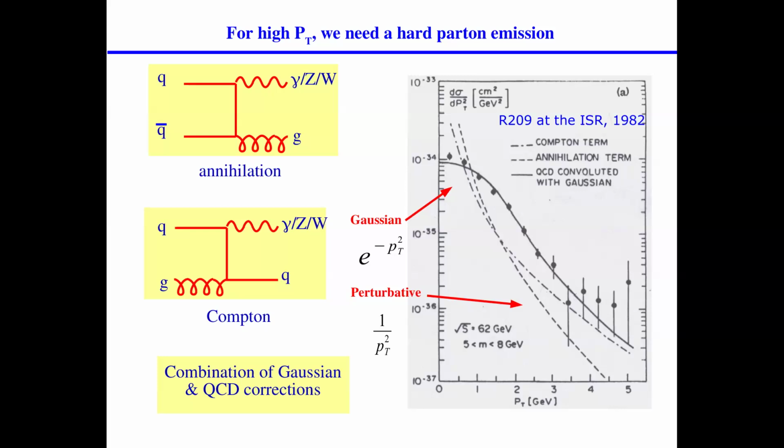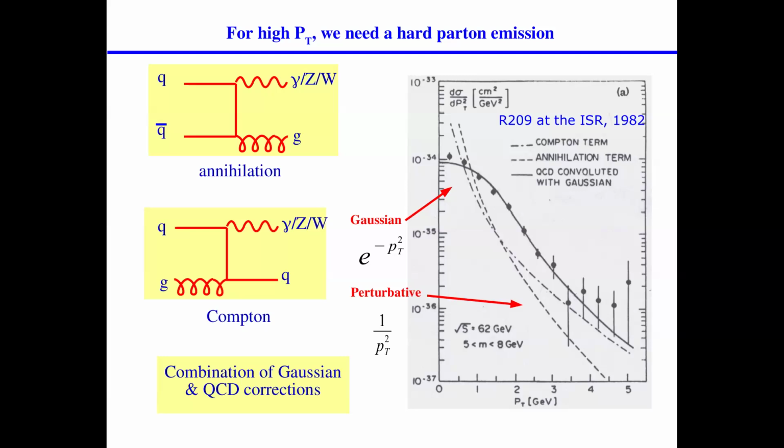But if I kick off a hard gluon, then that can give me some sort of PT distribution. I can also have the Compton process where I have the quark and gluon, and that goes through there as well. And so it'll be a combination of these processes. And somehow I have to put that together.